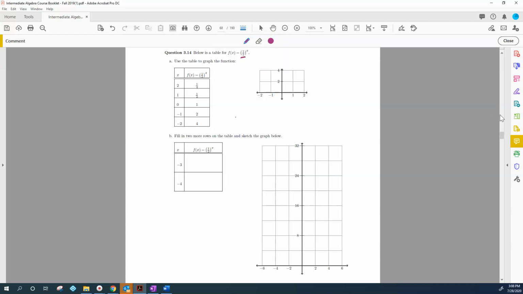So that 1/2 is being raised to a power now. I want you to plot those points and see what this one looks like, because that 1/2 is doing something very specific to this. So go ahead and make a quick sketch with the points that are given to you.